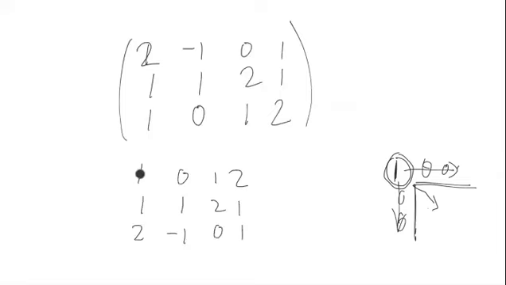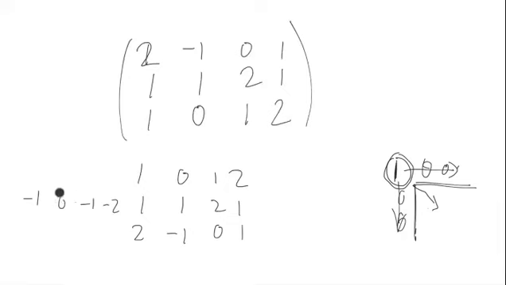Now we can airdrop. When we airdrop, we take this row, multiply it by something, say negative 1, and land on this row right here. That would make a 0 there. So if we lift it up and multiply it by negative 1, that's negative 1, 0, minus 1, minus 2. And that's what we're airdropping right here.